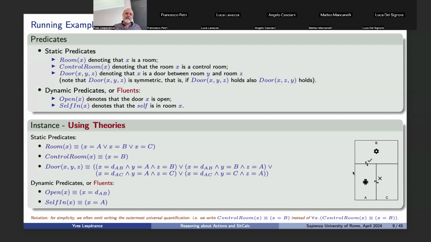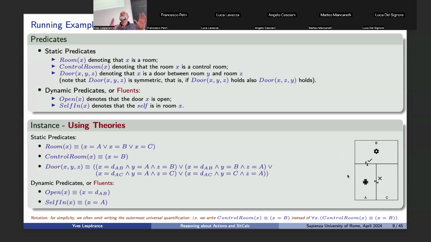So that's one advantage of using theories: you can represent incomplete knowledge, incomplete information. This is the main use that we make of theories in AI, to represent incomplete information.